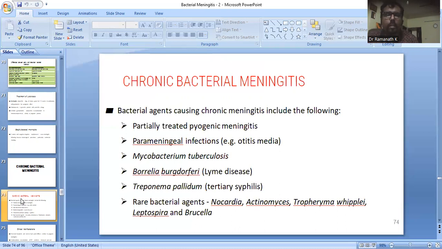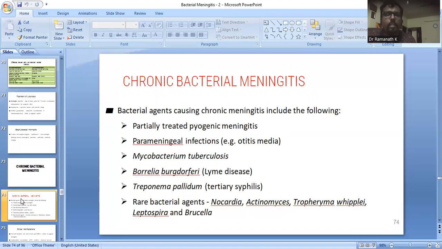It mainly occurs when there is a partially treated pyogenic meningitis in the patient, or a patient is already suffering from acute meningitis and it is not treated properly, which can lead to chronic bacterial meningitis. Infections of the parameningeal region like otitis media can also lead to it.